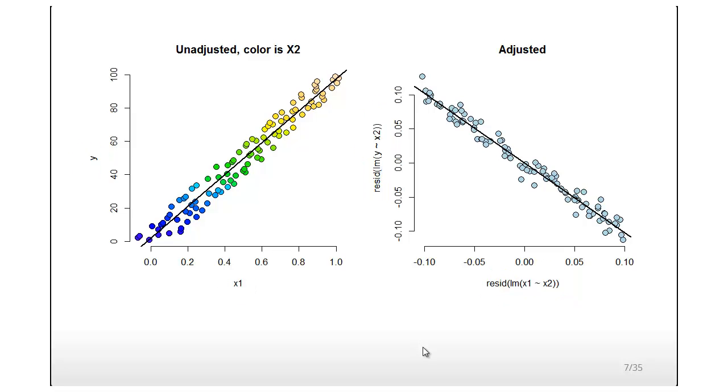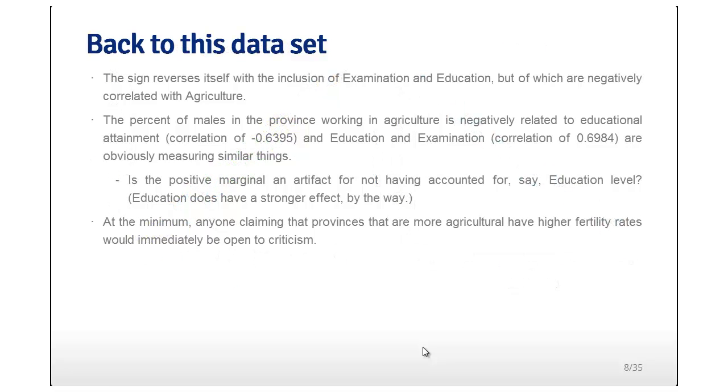Okay, so it is possible, of course, when you adjust for another variable, for a coefficient of interest to reverse its sign. So in this data set, the sign reverses itself with the inclusion of examination and education, both of which are negatively correlated with agriculture. Right, so the higher the percentages for examination and education, the lower the percentage of males working in agriculture for those provinces.